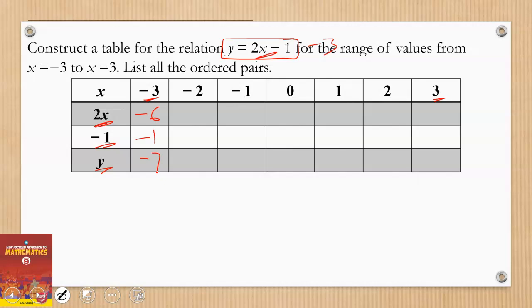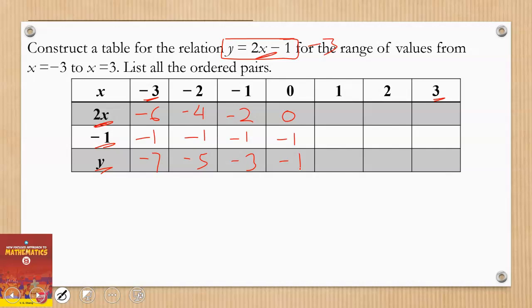Then I put negative 2. So 2 times negative 2 will give me negative 4. I have my minus 1 here. When I add, I get negative 5. When I put in negative 1, I have negative 2 here, negative 1 here, then I have negative 3. When I put in 0, I'm going to have 0 here, negative 1 here, and the answer will be negative 1.